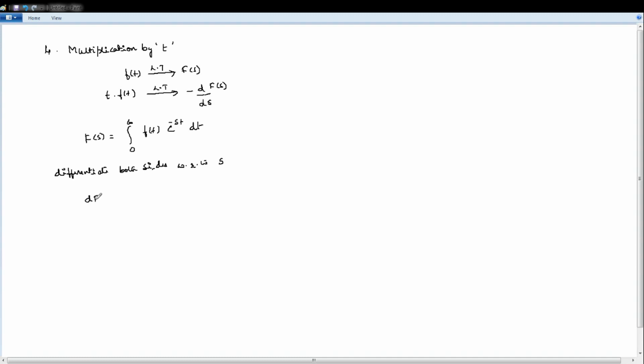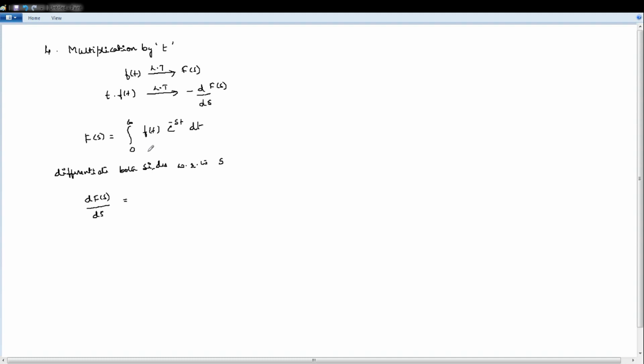So I get dF of s divided by ds equal to, see, this is an integration with respect to dt. If we had an integration with respect to s, then differentiation and integration with respect to s would get cancelled. But here the integration is with respect to the variable t and we are differentiating with respect to s, so integration and differentiation would never get cancelled.